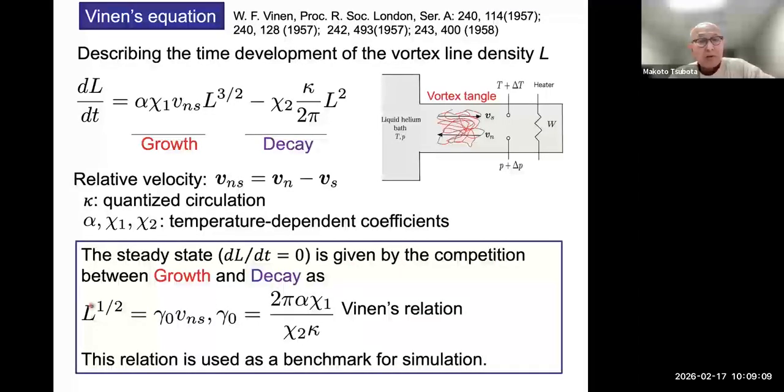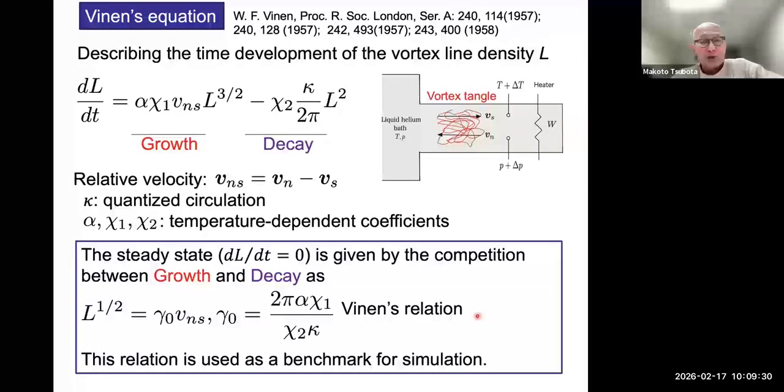So the square root of L should be gamma_0 times V_ns. V_ns is, of course, the relative velocity, and gamma_0 is an important coefficient. This is sometimes called the Vinen relation, which is used as a benchmark for numerical simulations or typical experimental works.